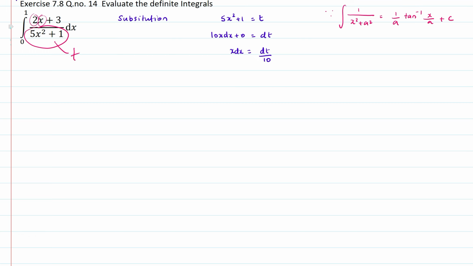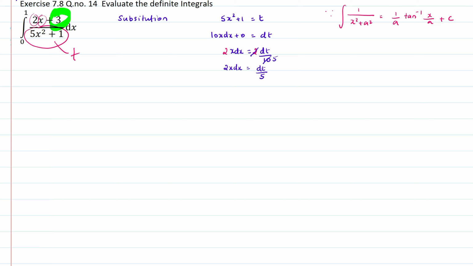So for this reason, we'll put 2 here and 2 here. The next step will be 2x dx is equal to 2 times dt by 10, that is dt by 5. So in place of 2x dx, we can put dt by 5. Now the only odd term remaining is 3. We have a plus sign in between, therefore we will separate them out.